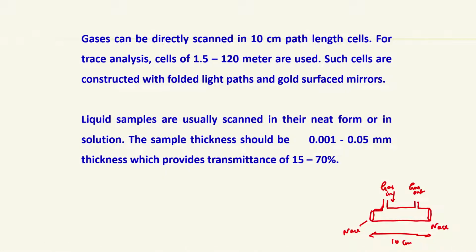Liquid samples are usually scanned in their neat form or in solution. You can take the liquid directly on a sodium chloride cell. Basically, a sodium chloride cell is a small plate of sodium chloride on which a drop of liquid is put, and then I put one more sodium chloride plate and seal it on all 4 sides with screws.